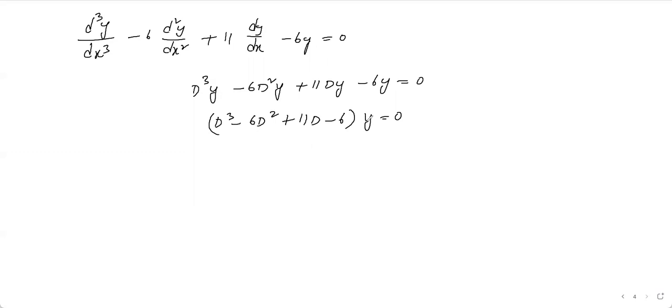Now, this is f of D of y is equal to 0, which is a homogeneous equation. The auxiliary equation will be m cube minus 6m square plus 11m minus 6 is equal to 0.